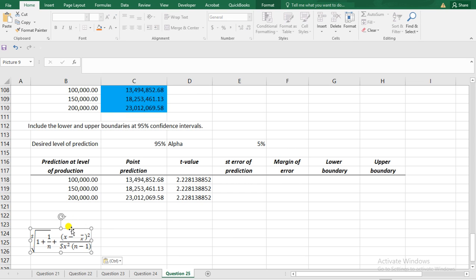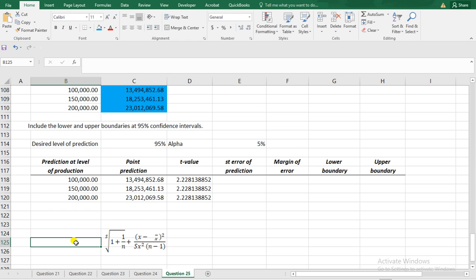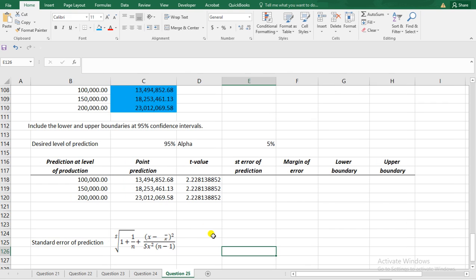So this is our formula, right? The standard error of prediction formula. Basically, we normally talk of the y cap.